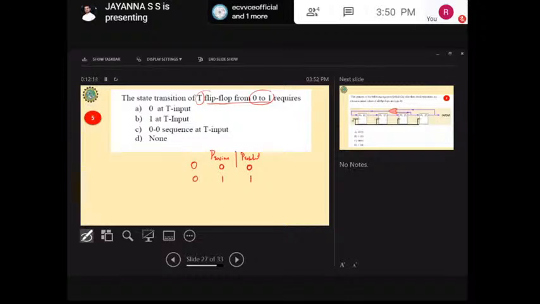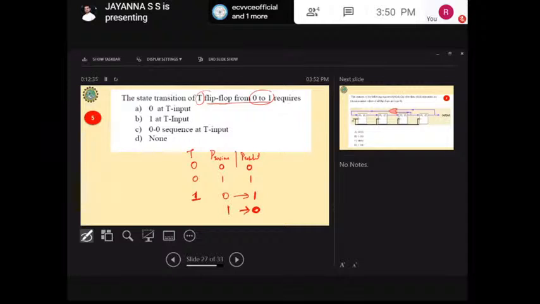If you give t equal to 1 and the previous data is 0, it's going to toggle, so you are going to get 1 here. If you apply t equal to 1 and the previous output is 1, it is toggled to 0, so the present output you are going to get is 0.